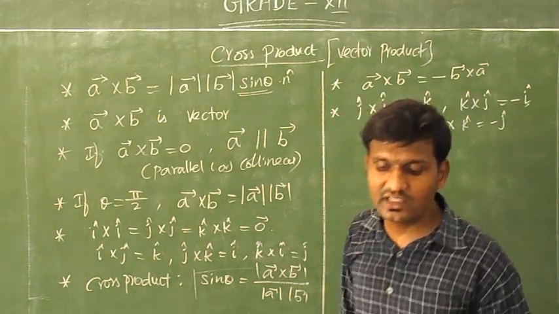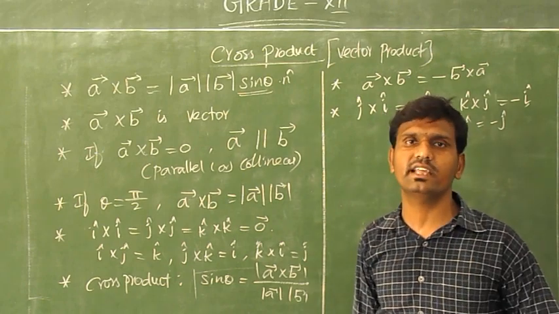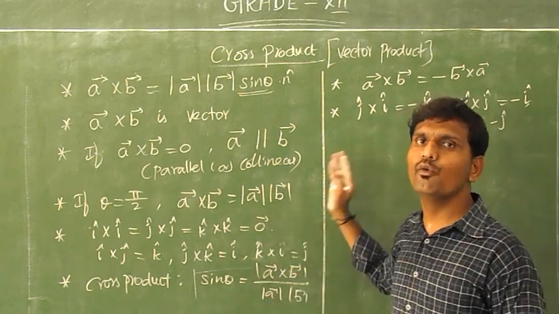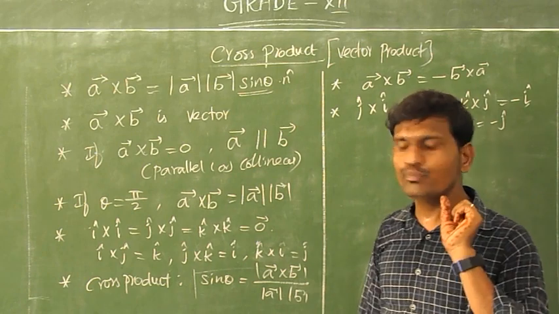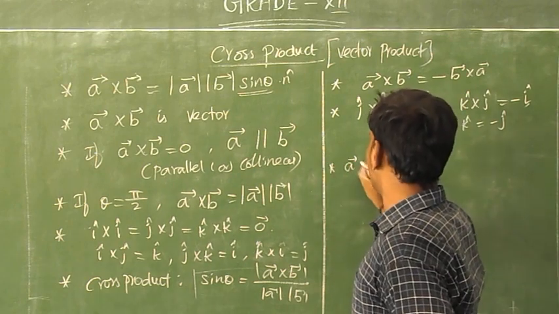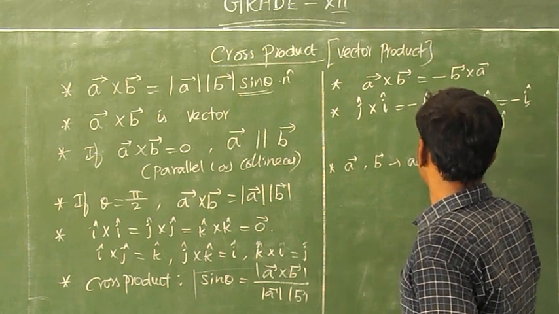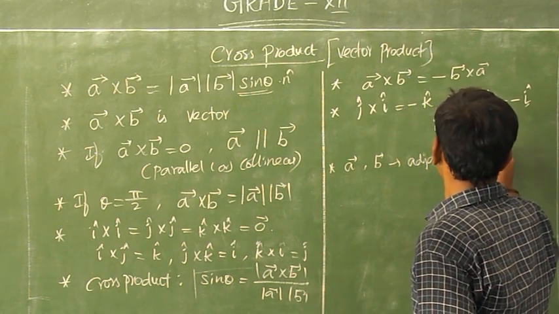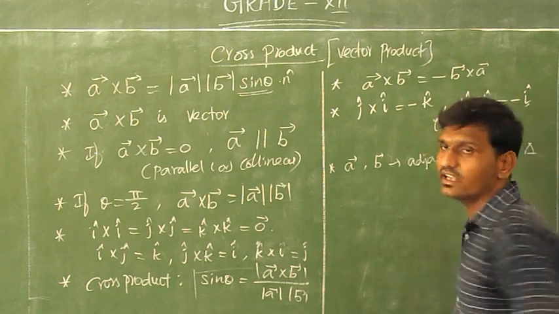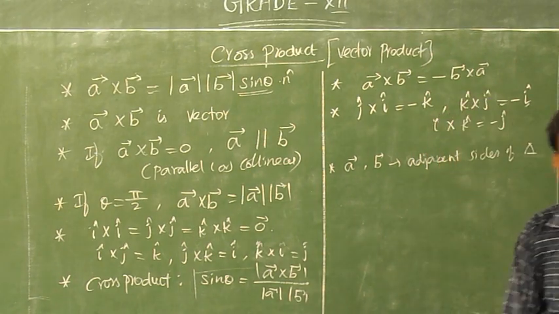And next, the eighth and ninth observations are very important. Listen carefully because we have 2 marks for this model. So when a vector and b vector are the adjacent sides of a triangle, what is the area of a triangle?